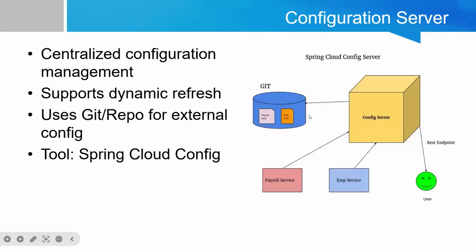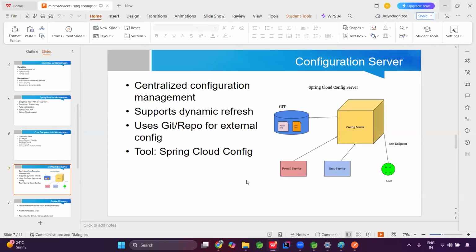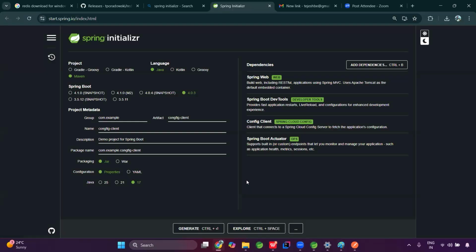Now it's time for us to create a config server. To create a config server, again I will go to the Spring configuration. Here I will be adding some properties: Spring Web we need, dev tools we need. Config client is there, right?